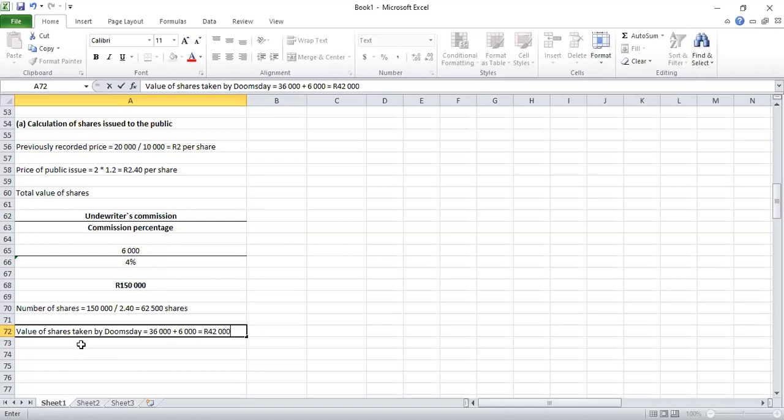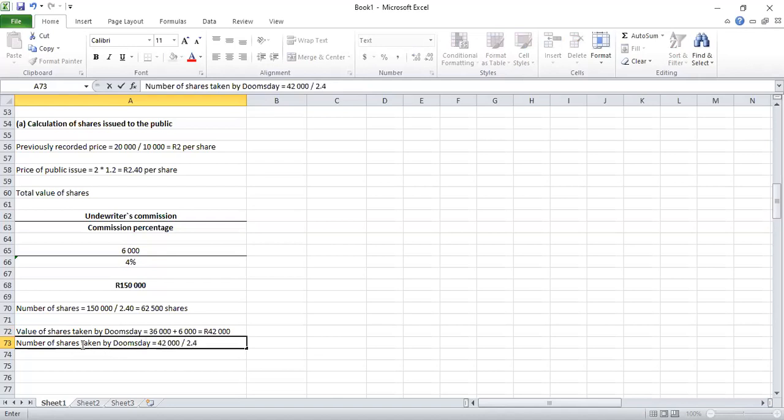So we can find the number of shares taken by Doomsday, which would be equal to 42,000 divided by 240.